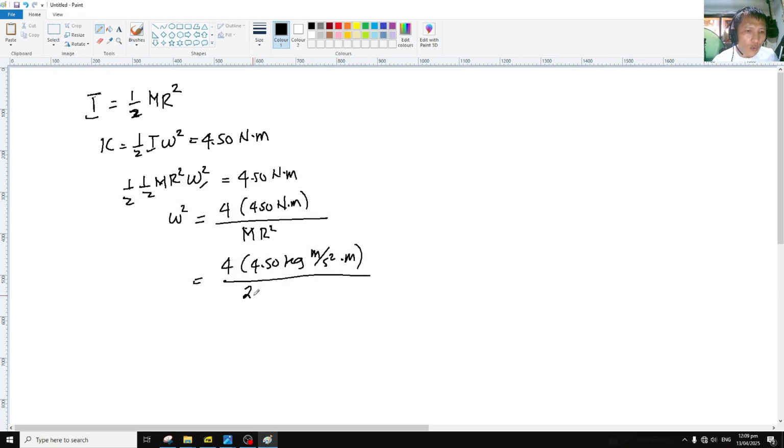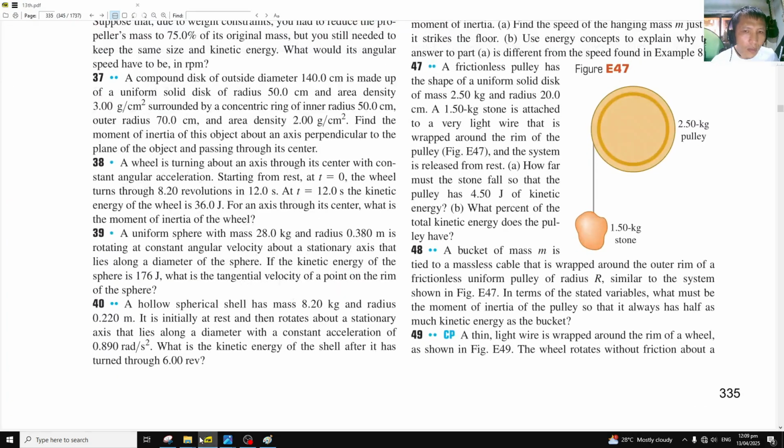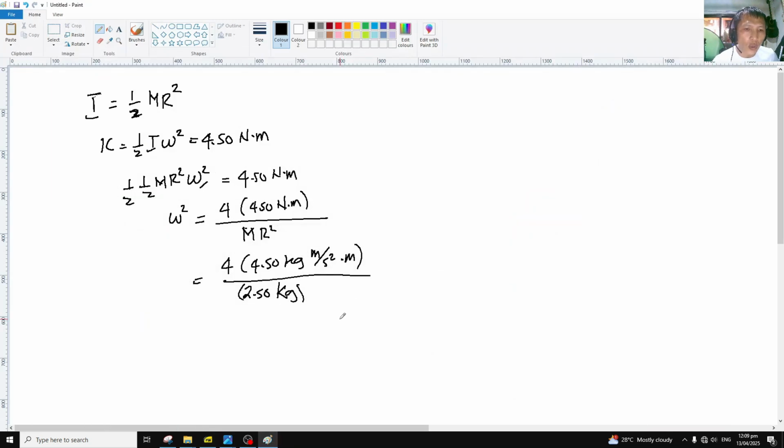Tapos, meron akong 20 centimeter na radius, so 0.2 meters squared. So, magkakaroon ako dito, cancel, cancel, cancel. Magkakaroon ako dito ng omega squared, per second squared.